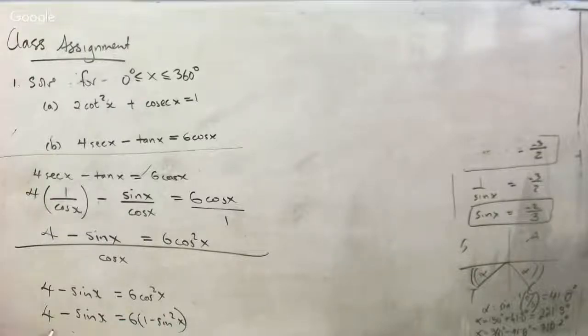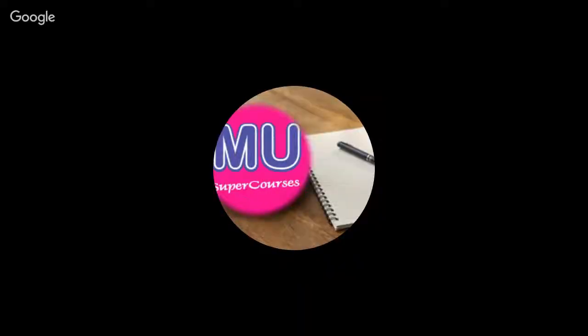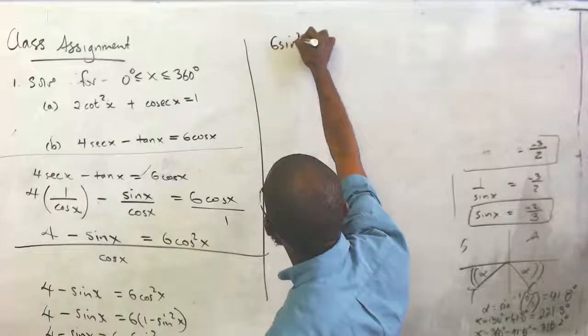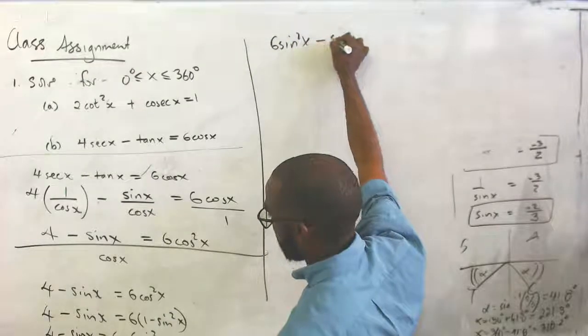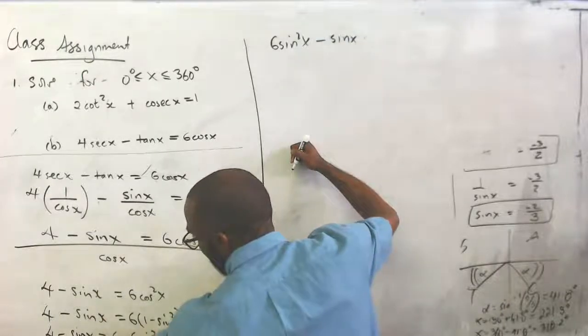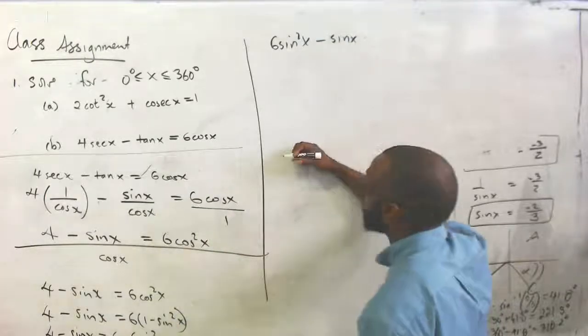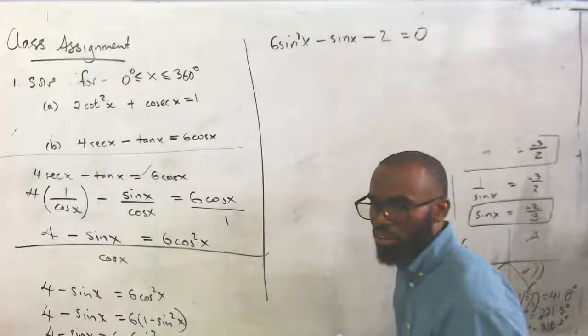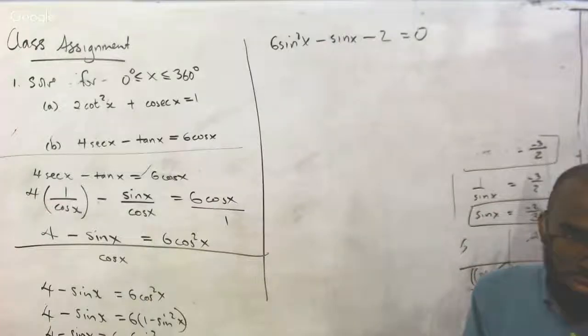So now I have 4 minus sine of x equal to 6 minus 6 sine squared of x. Bring everything to my left-hand side. I will get 6 sine squared of x minus the sine of x that is over there already. The 6 comes over as a negative, to join the 4, I'm getting a negative 2, equal to 0. Everybody follow that? Yes?